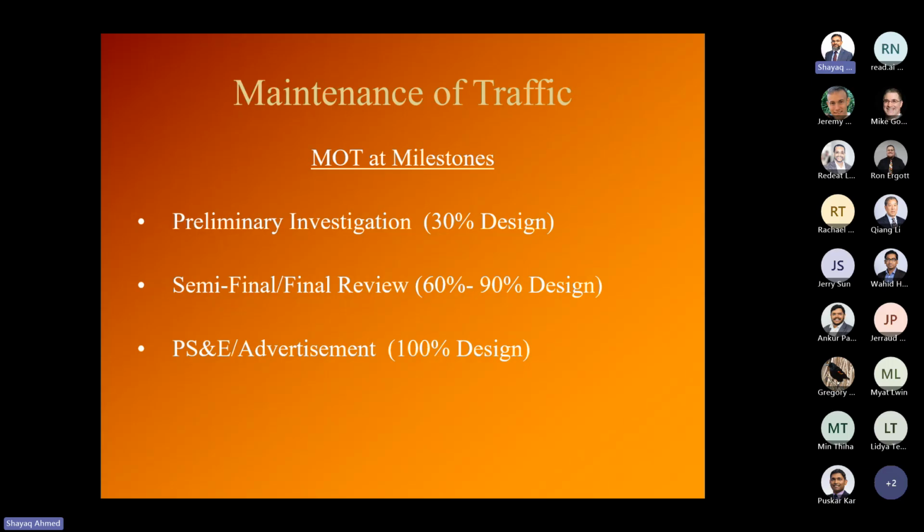During this stage, we show the temporary pavement markings, channelization devices, signs, sign sizes, sequence of construction, and also the estimate. When we do the estimate, we do an itemized estimate. Basically, all category 100 items have to be calculated, estimated, and shown in the estimate.